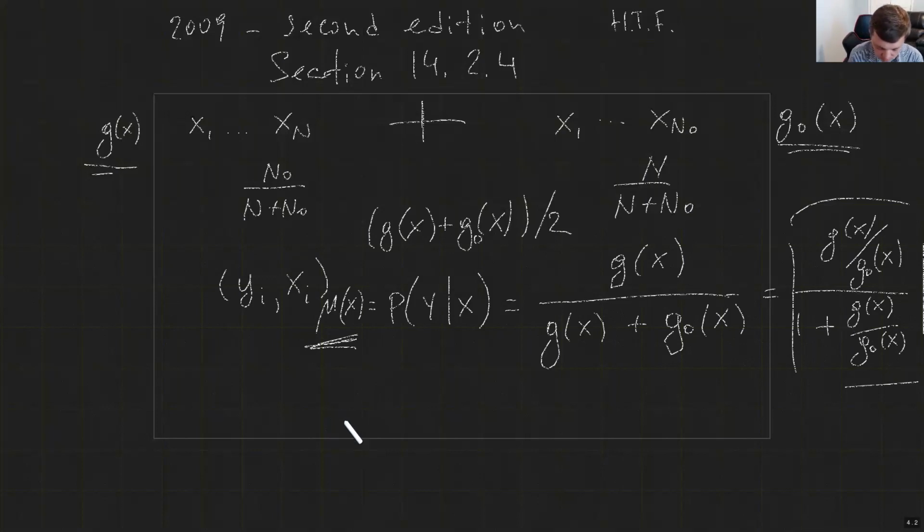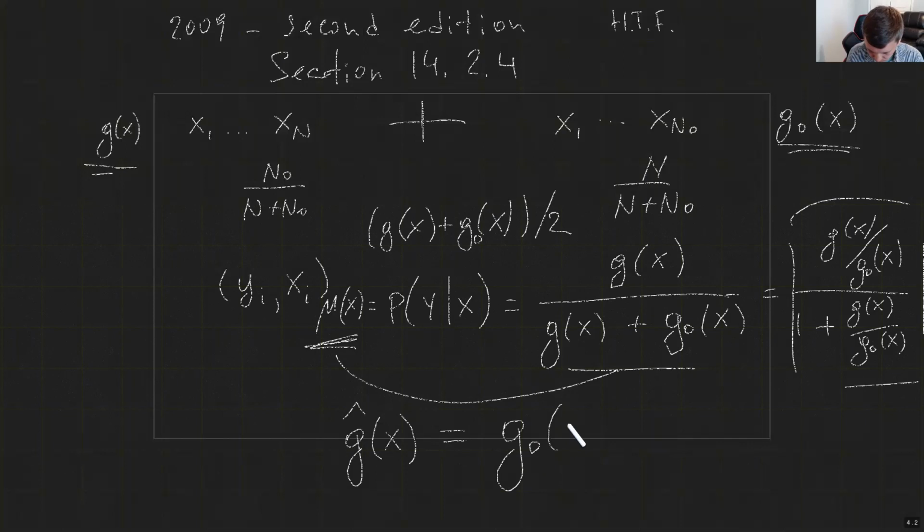And once we have estimated mu, we can look at these two parts and recognize that our estimate of G... and I'm cheating, I'm looking into the book.